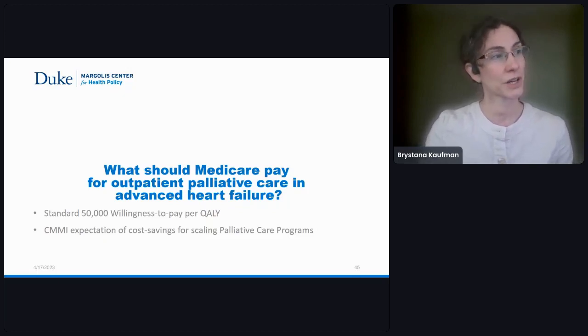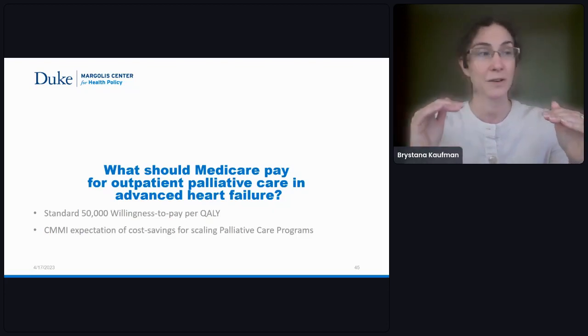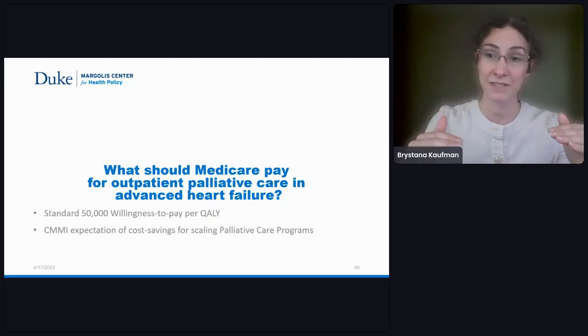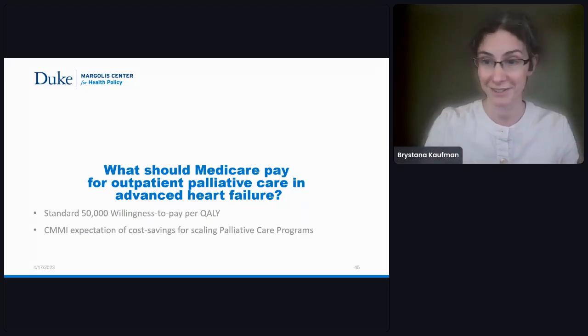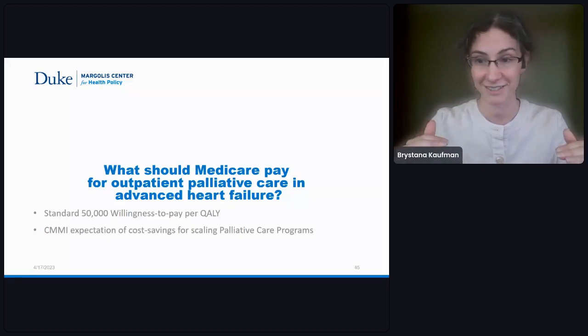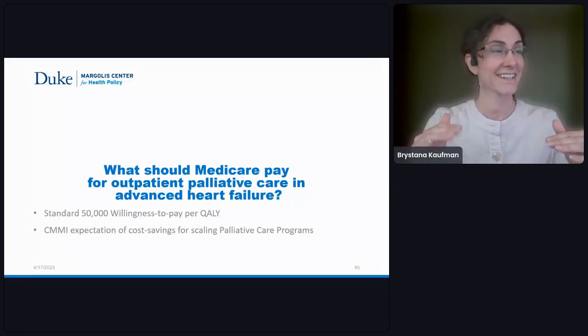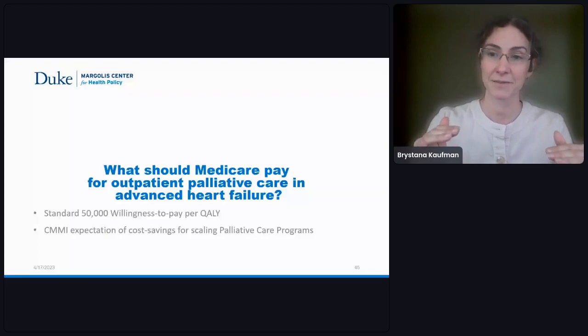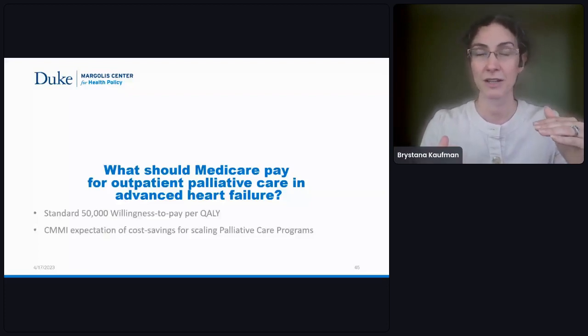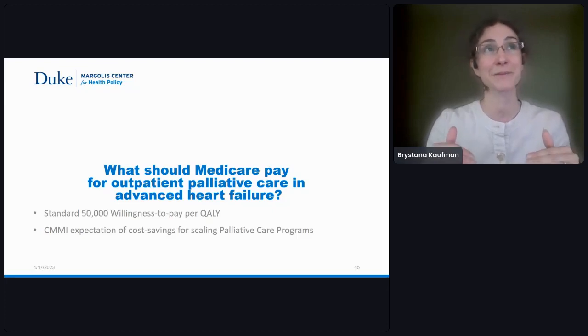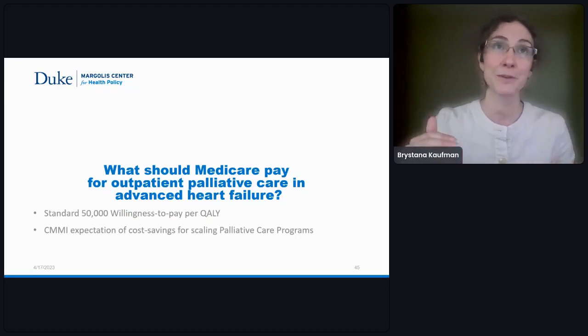And so we wanted to understand how that different threshold of expecting cost savings compared to being willing to pay $50,000 for a quality adjusted life year like we are in other interventions, and understand how that might impact decision making. So while you might not find cost savings, which would mean you wouldn't implement the intervention, if you were willing to pay $50,000, then maybe you would implement the intervention.